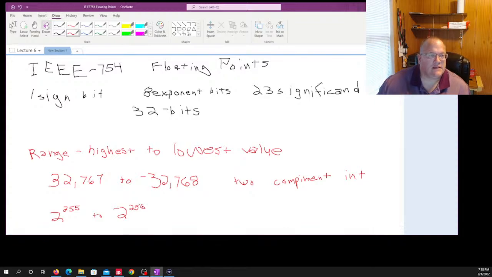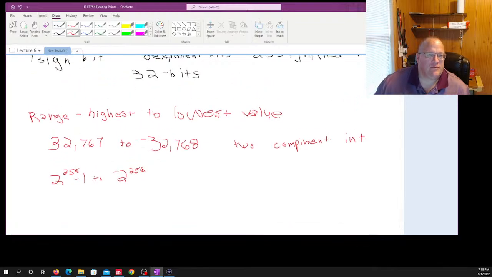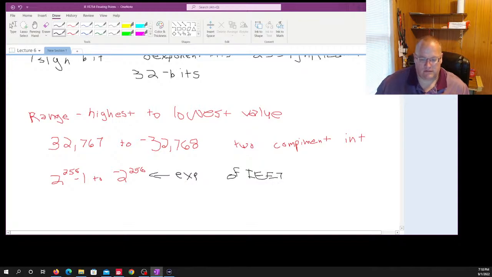Oh, actually, it's not 255, it's 256, 256 minus 1. This is the exponent. So that's the exponent of IEEE-754.